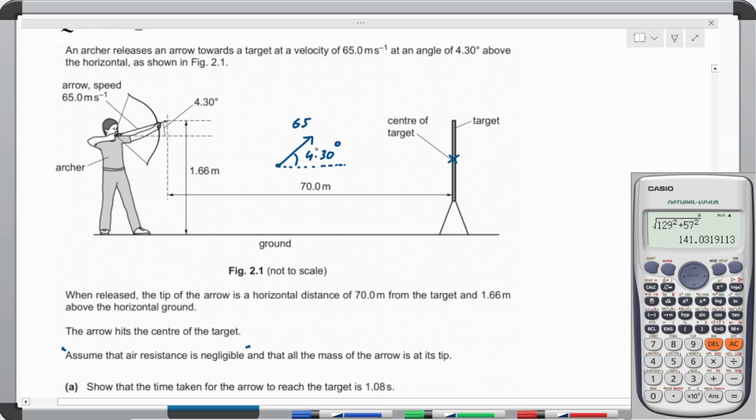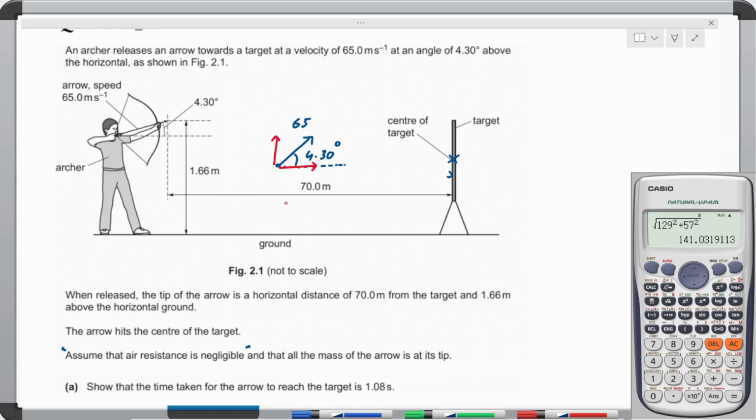It's given 4.30 degrees with the horizontal, and the horizontal distance between the point of release to the center of the target is 70 meters. Okay, so it's given on the diagram. So what I can do quickly is, I don't know if I'll be using it or not, but I can find the initial horizontal component and the initial vertical component.